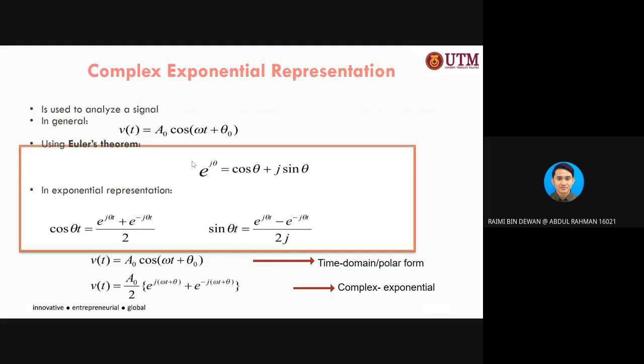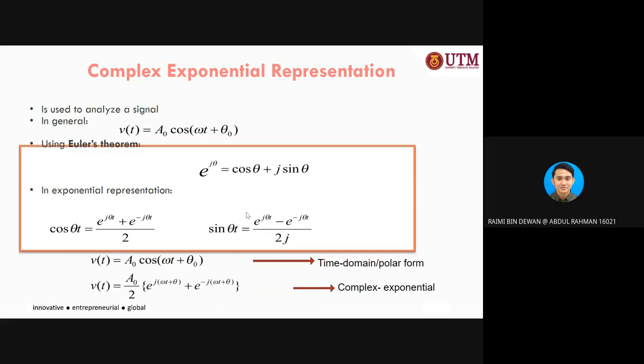Next, using Euler's theorem. Euler's theorem says that e^(j theta) is cos theta plus j sin theta. So you see the exponential representation, cos theta equals (e^(j theta) plus e^(negative j theta)) over 2.